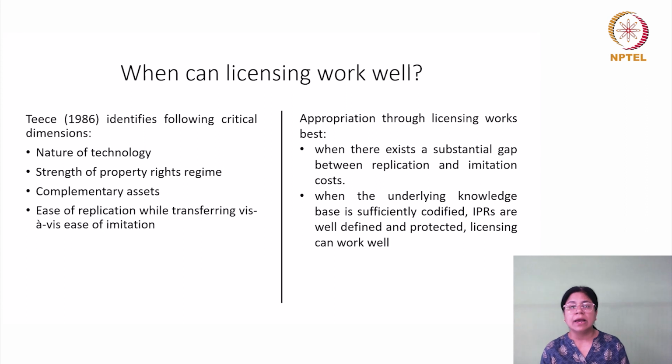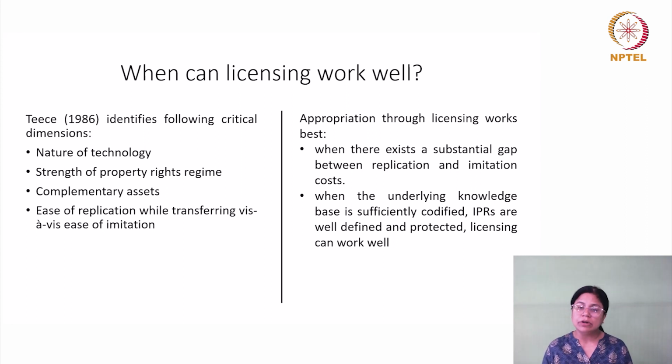And the research has highlighted that appropriation through licensing will work best when there exists a substantial gap between the replication and imitation cost. Clearly, in this case, the buyer will have very limited motivation to imitate. They would rather use the technology through a proper licensing agreement.